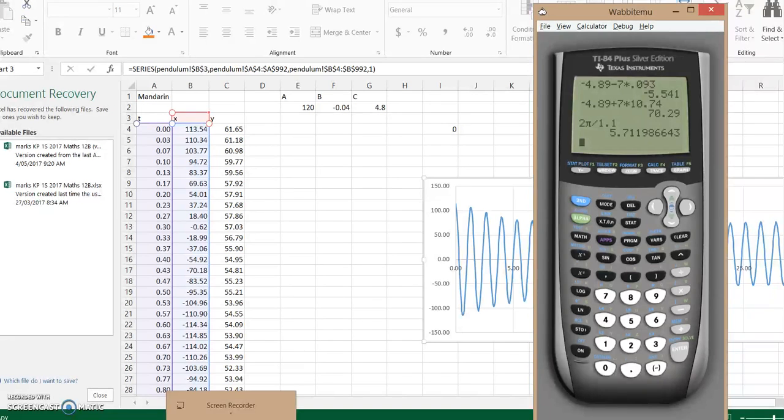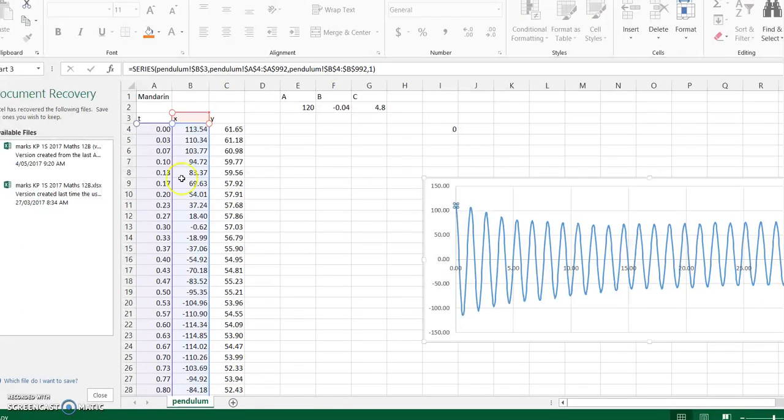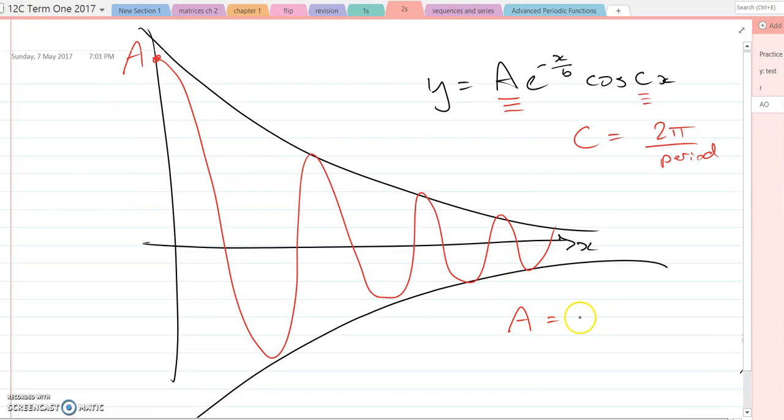Okay, so in this graph here, these are my estimates. Let's say I estimate that A might be this top number here, which looks like 113.54. So A equals 114, let's just make it that. C, let's say 5.7.